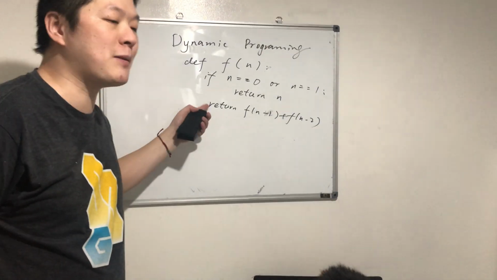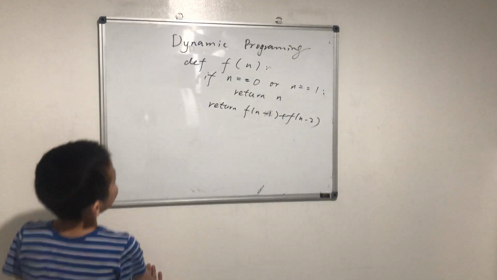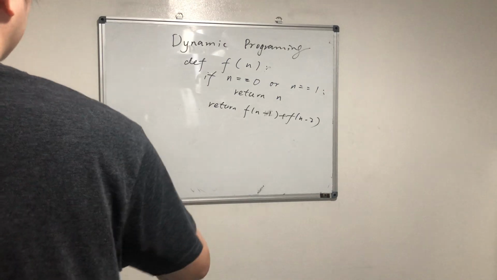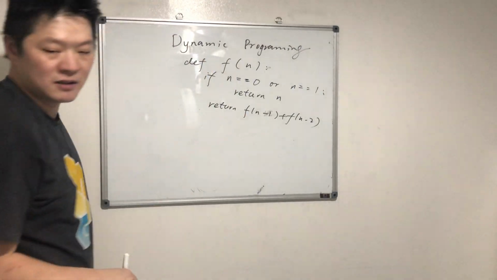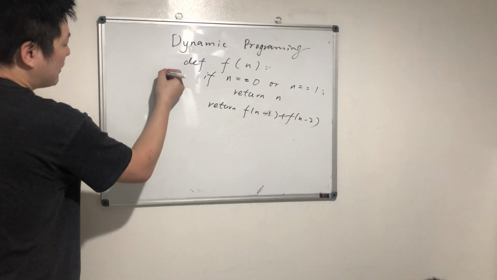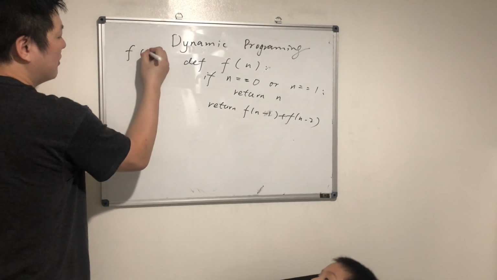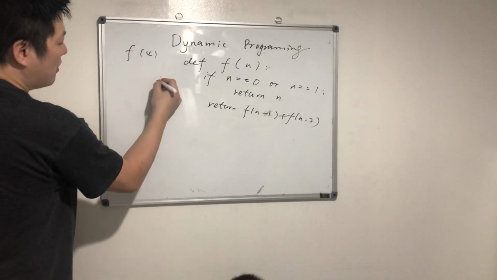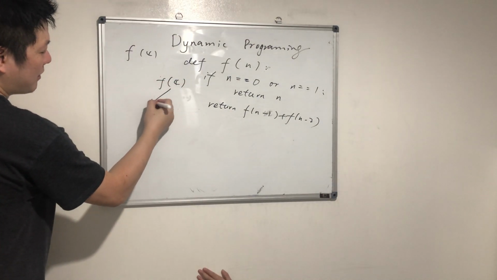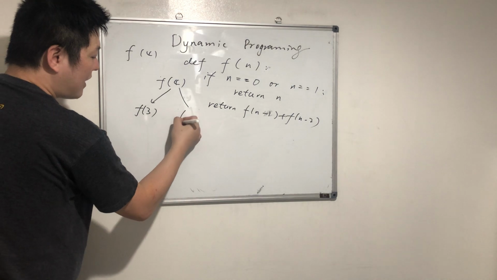But do you see the problem of this code? Eric, do you see the problem? Look, I showed you this before. If I want to calculate F4, I need to know F3 and F2.